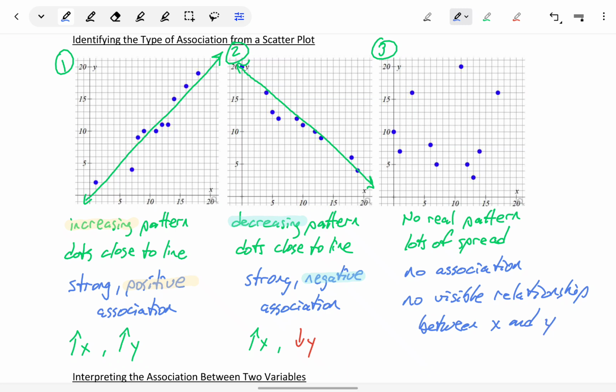We'll start getting back into talking about graphs in context to see what it means to have that positive association, what it means to have that negative association, or what it means for there to be any lack of pattern. But these are the general cases that we want to pick up on. As we read from left to right, we see a relatively tight increasing pattern, decreasing pattern, or no real pattern. The points are just spread around with no real connection between the two variables.